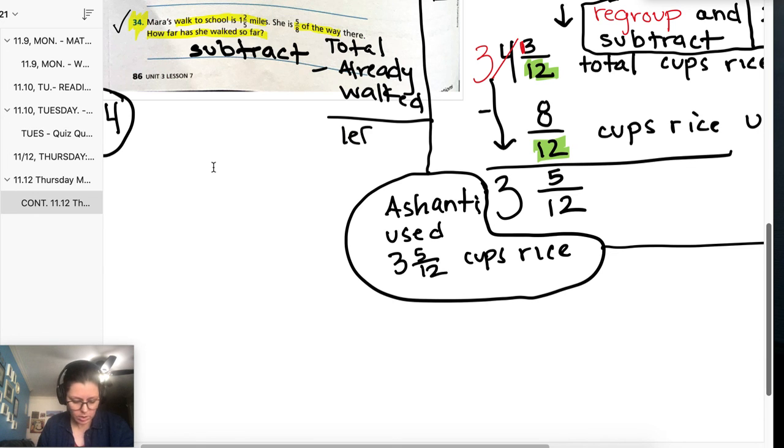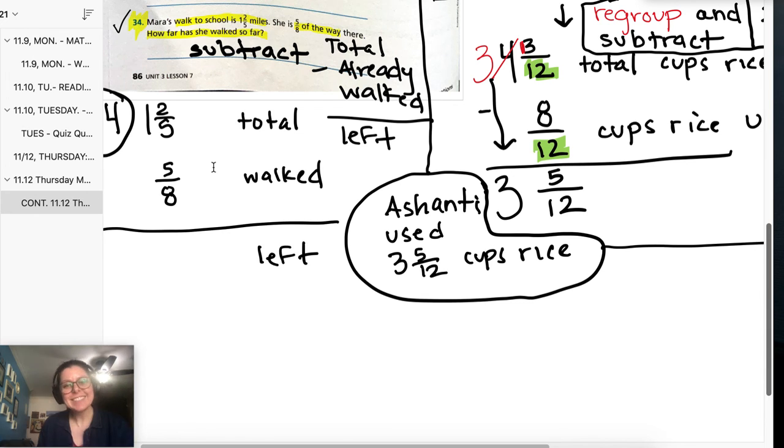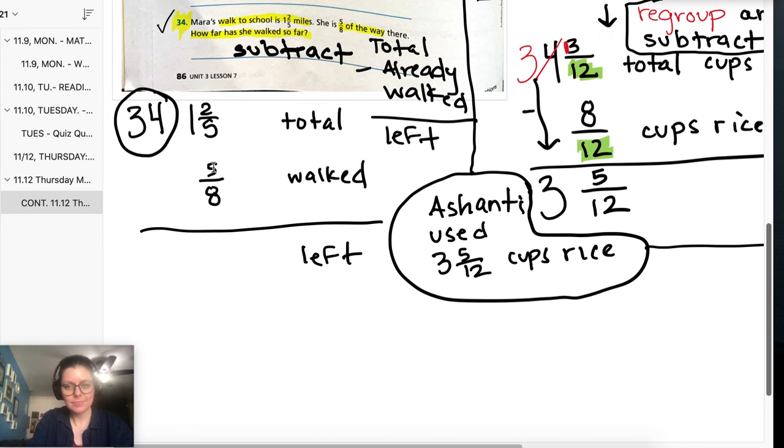So that's what I'm going to do. She has a total of 1 2/5 total. She walked 5/8. And we want to figure out how much she has left to walk to school. Alrighty, so I can't subtract this how it is, so I'm going to need to figure out a common denominator. I need to figure out the least common denominator.